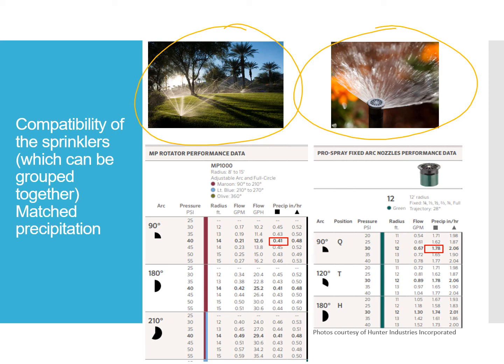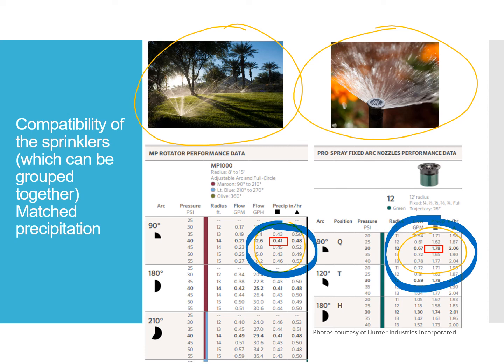And the amount of water that they put down is not the same. So if you had these two types of sprinklers on the same zone running at the same time, it's almost like you have a really black cloud spraying water on one side of the zone where you have a light puffy cloud that's irrigating on the other side of the zone.